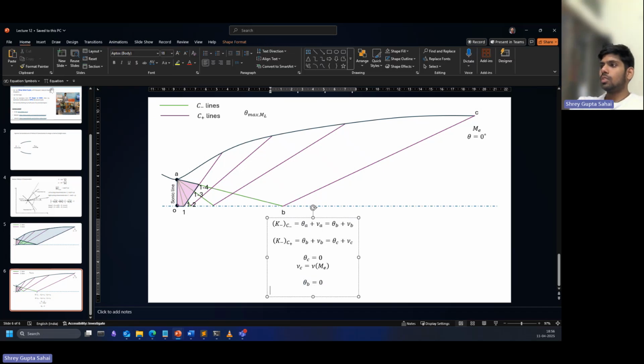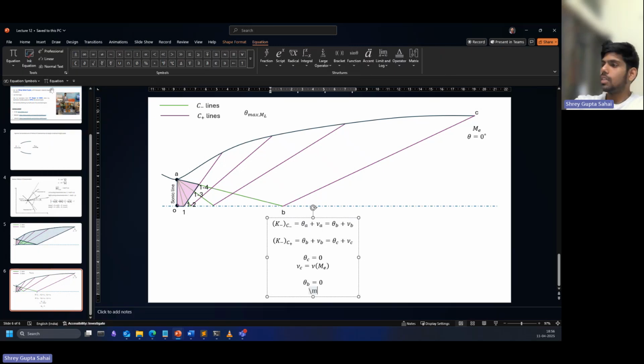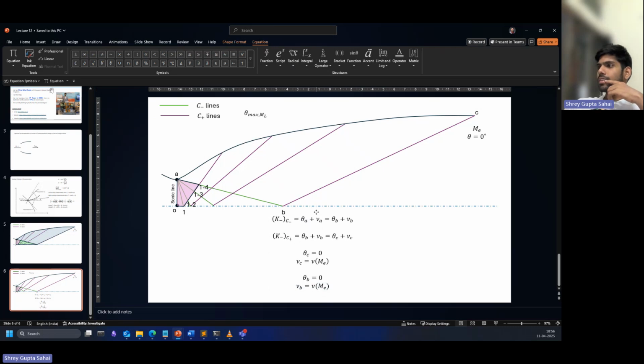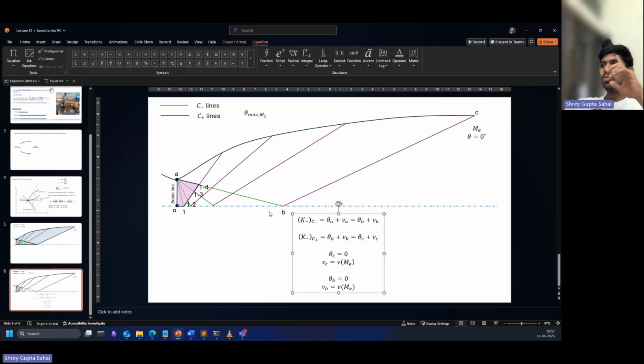What that gives you is that nu b is equal to nu corresponding to Me, and what that does is, theta a we must also, and we also know mu a also.